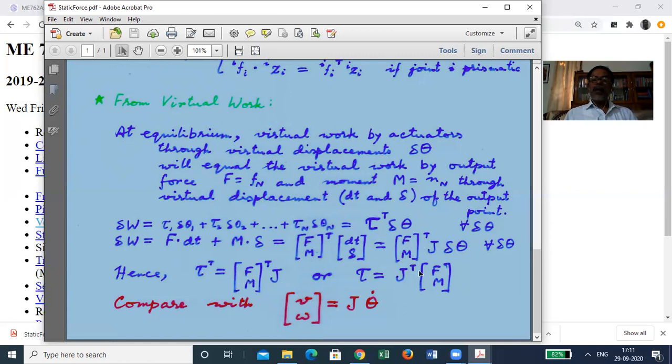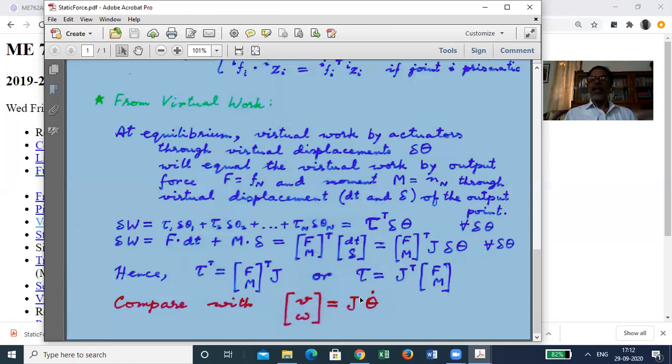And now compare it with this. Velocity or small motion is transformed from input side to the output side by the Jacobian transformation, and forces and moments are transformed from output side to the input side by the transpose of the same Jacobian transformation.